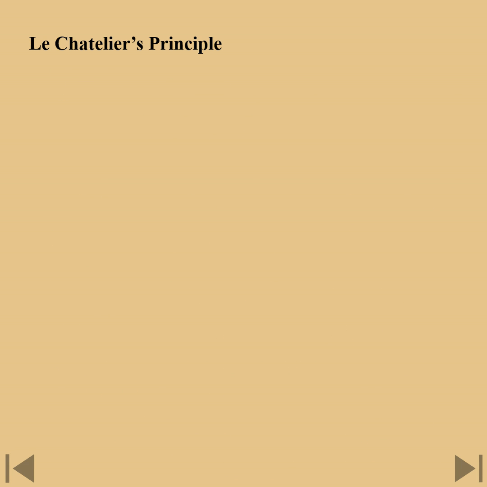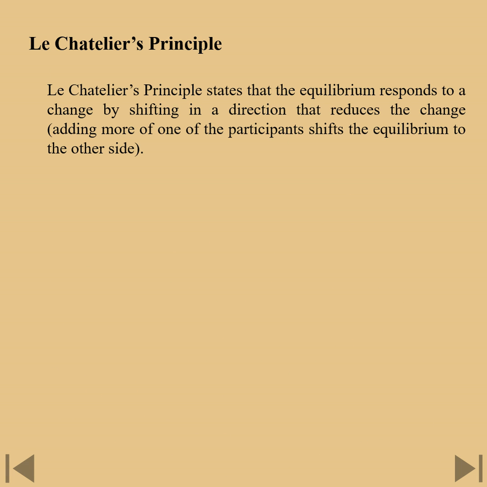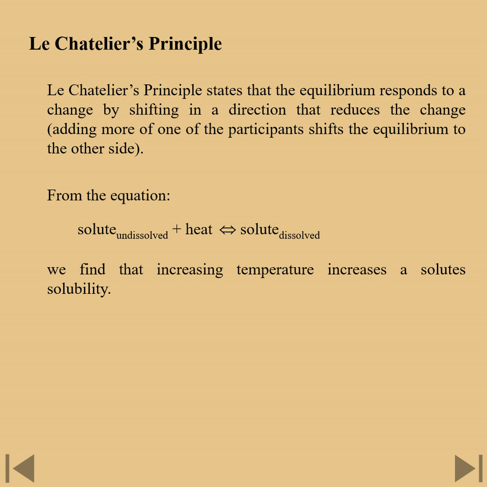Okay, when we talk about equilibrium, we need to talk about Le Chatelier's principle, and Le Chatelier states that when you do something to perturb an equilibrium system, meaning the system already at equilibrium, it's going to respond in a fashion to minimize that change. Now, the quick and easy way to think of this is, if you have an equilibrium system and you were to add to one side, it's going to shift the equilibrium to the other.